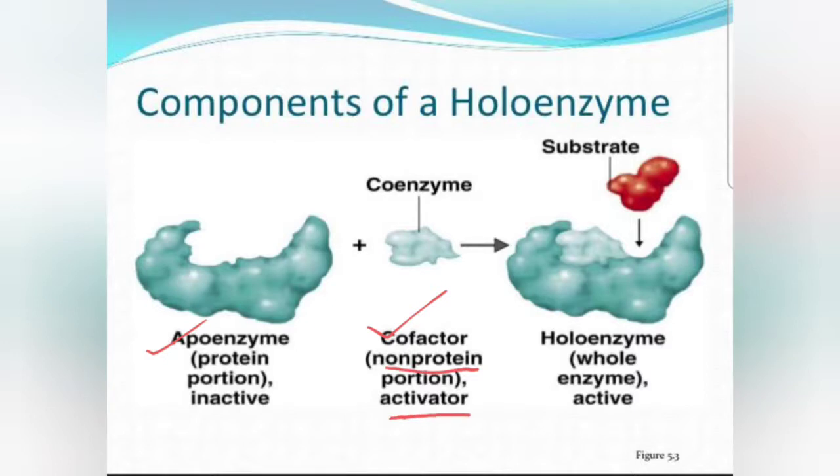It activates the apoenzyme, which is inactive. When we combine the apoenzyme and the cofactor, we get the holoenzyme, which is the whole enzyme, and this holoenzyme is active. Why is it active? Because when the coenzyme, the activator, comes across the inactive apoenzyme, it activates it and then it starts to show its enzymatic activities.